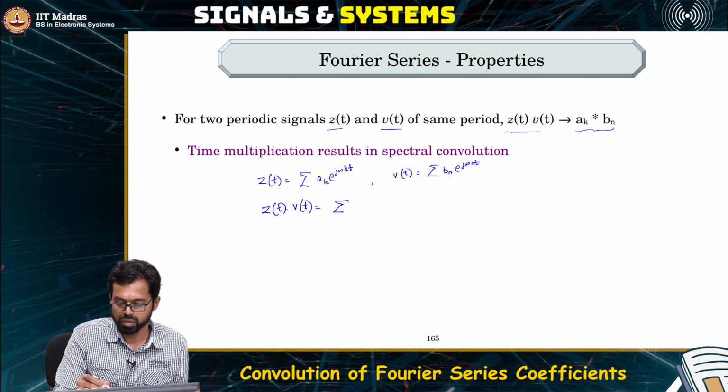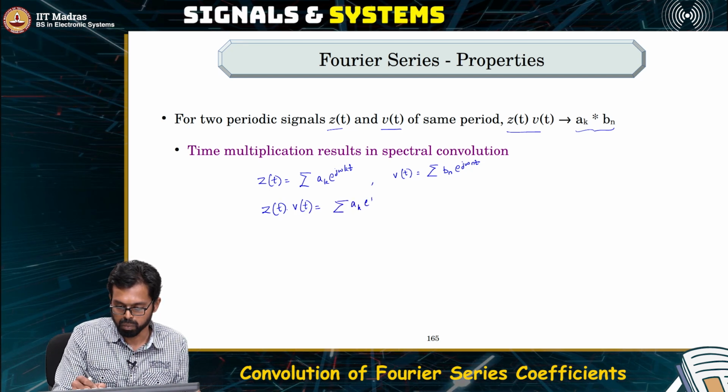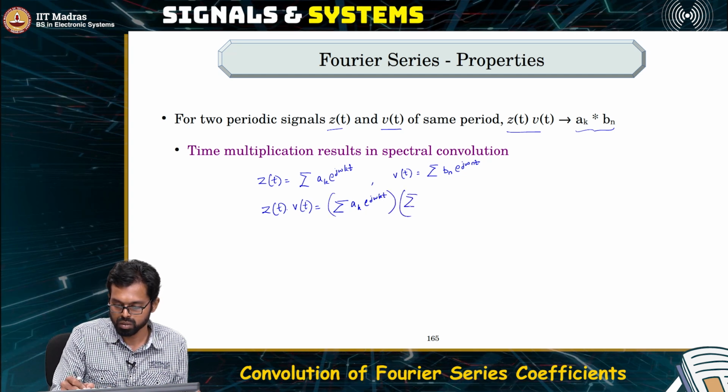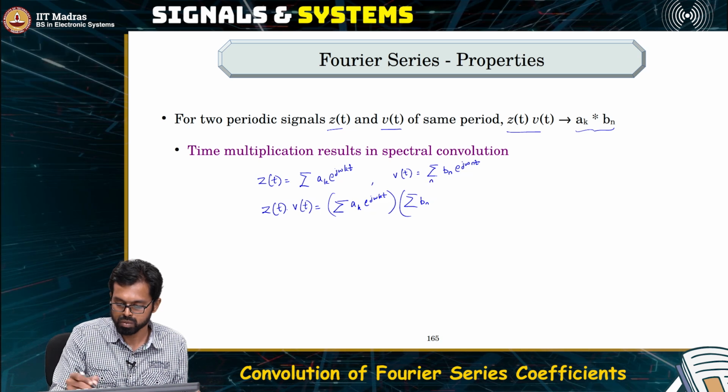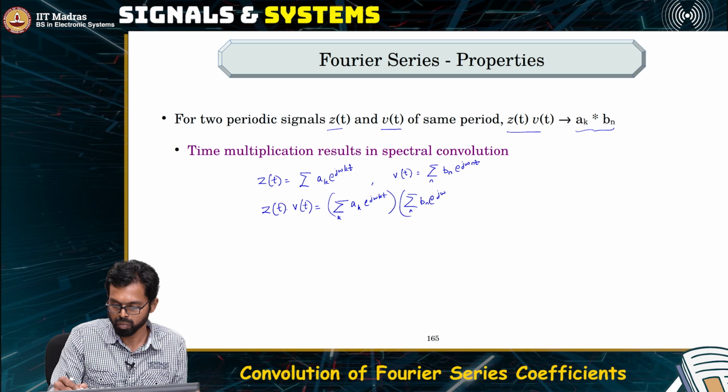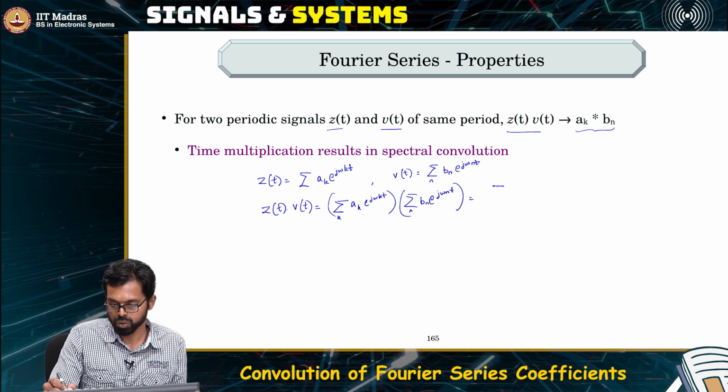So we can have e^(jωkt)... So what is this?